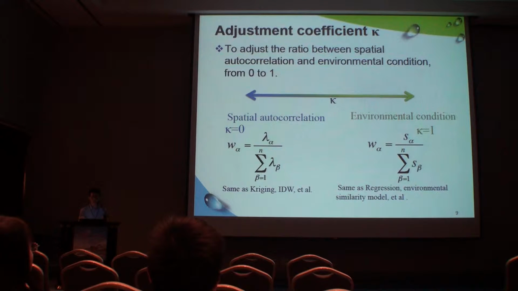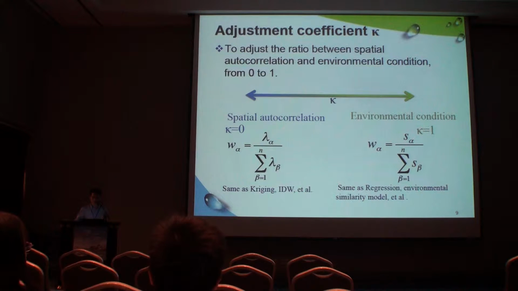The adjustment coefficient is used to adjust the ratio between the spatial autocorrelation and the environmental condition, and it ranges from 0 to 1. When k equals 0, the weight is only related to the spatial autocorrelation, and the proposed method is the same as conventional methods such as Kriging and inverse distance weighting.